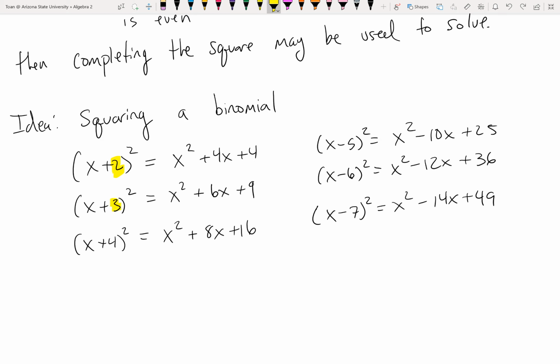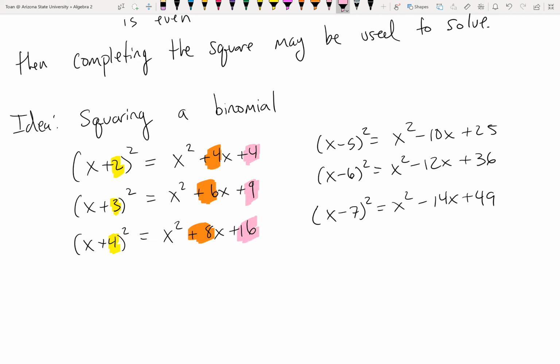The number that's in the parentheses is always half of the linear coefficients. It's always half of the middle numbers. Let's see if I can color code this. Yeah, I think you guys can see that. The yellow is always half of the red. Now, how does the yellow relate to the constant, the number at the end here?